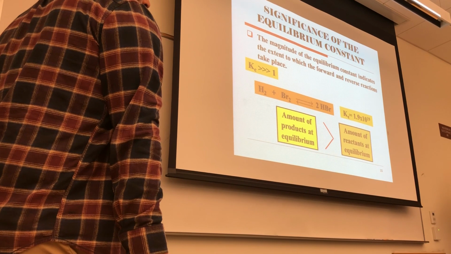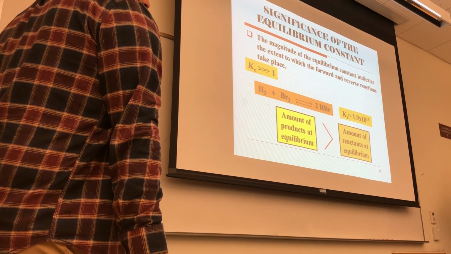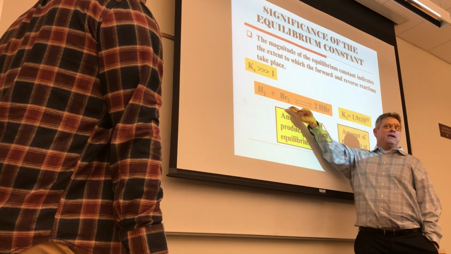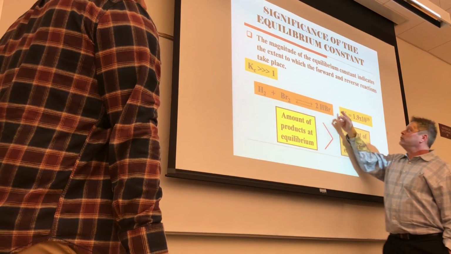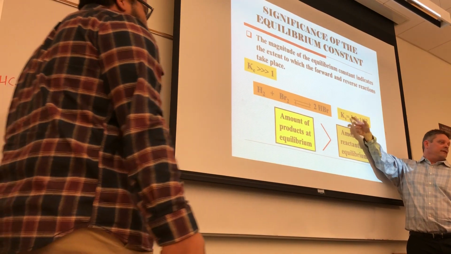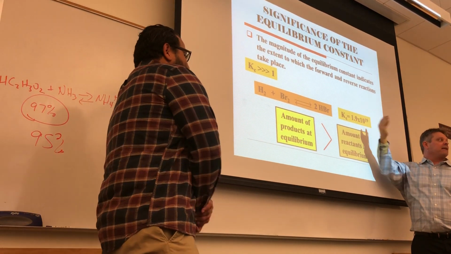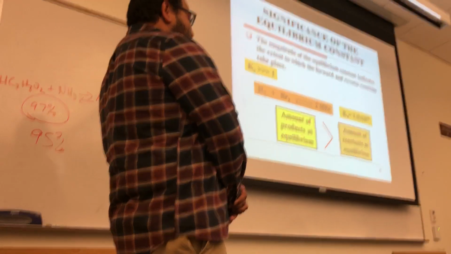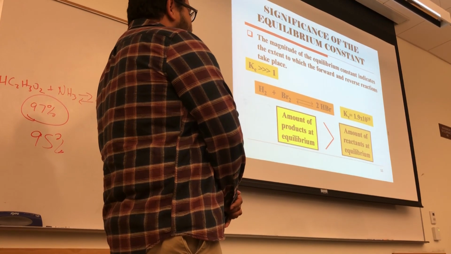I could do that by adding a catalyst. I add a catalyst that moves it this way. What's going to happen? My equilibrium is going to shift, and then what's that going to do to the Kc? It's going to lower it. Right. So those are all the things in play, and that's causing what you're seeing and interpreting as Kc.